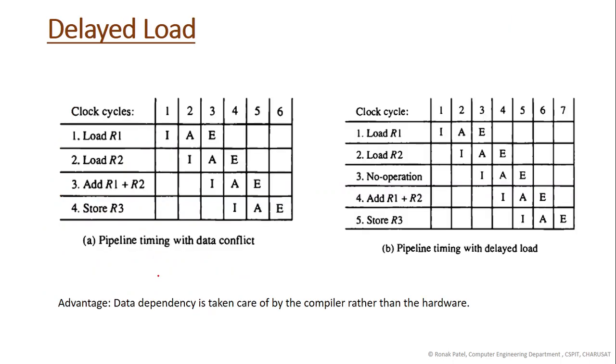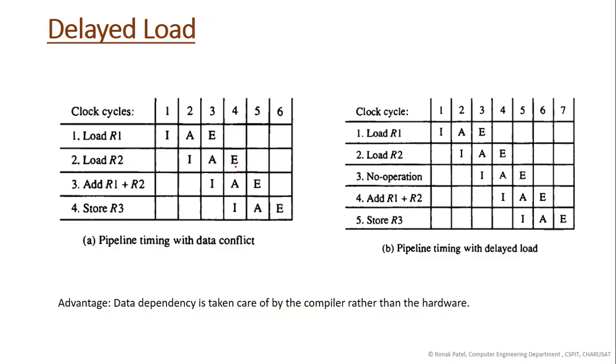If you see this, then the pipeline timing with this data conflict is like this. We have a 3 segment pipeline, and this is the clock cycle. First load R1: fetch, ALU operation, execute; and the same for the following instructions. Now what happened?